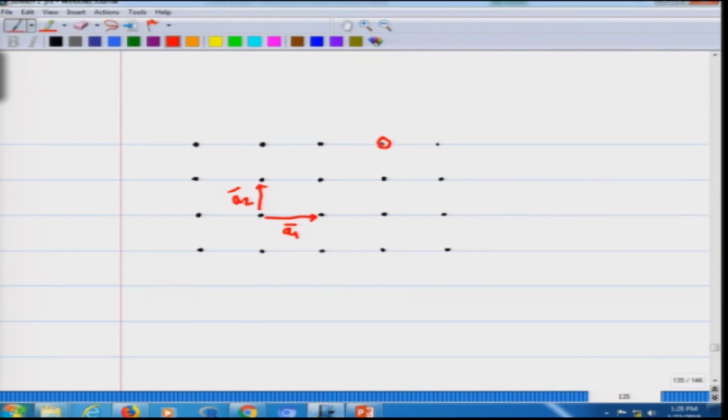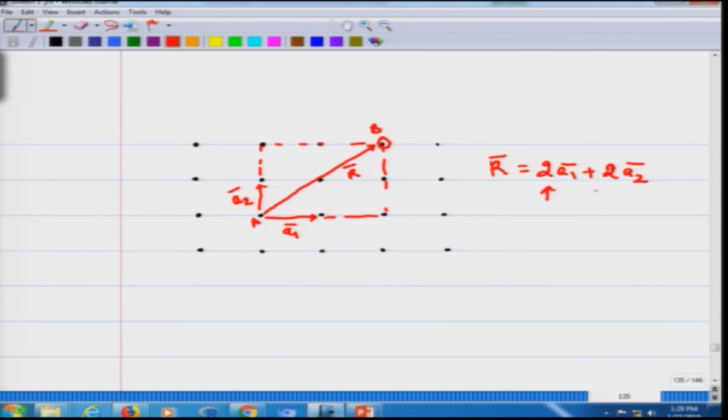If I want to reach this point from this, then I can write my vector r, which will be taking me from this point A to this point B on the lattice as twice of A1, twice of A2. So, if I take twice of this, then I can reach the lattice.